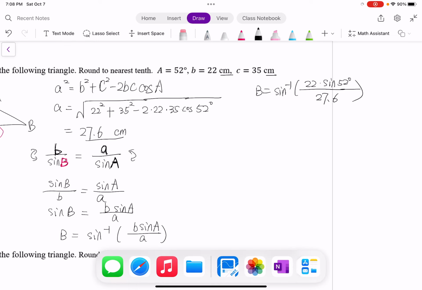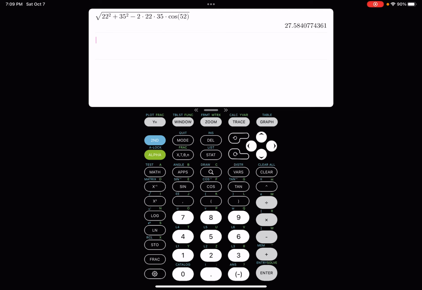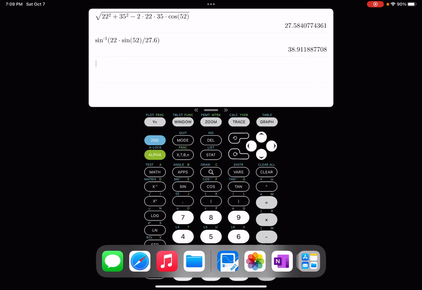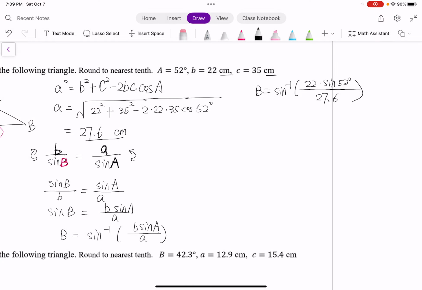Let's use the calculator: second, sine is the inverse of sine function, 22 times sine 52, close parentheses, all divided by 27.6, close parentheses. Let's see. That's 38.9, because we rounded to the nearest tenth.